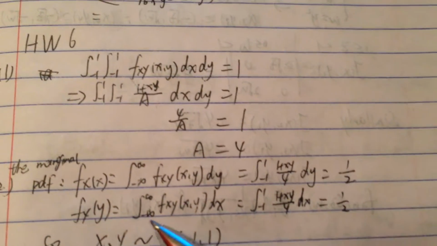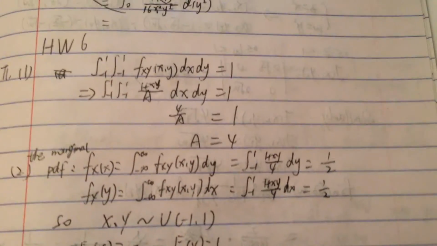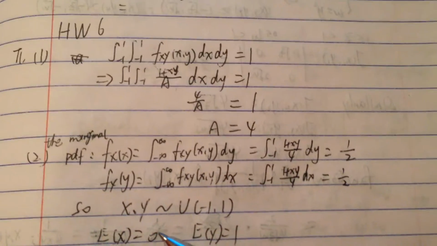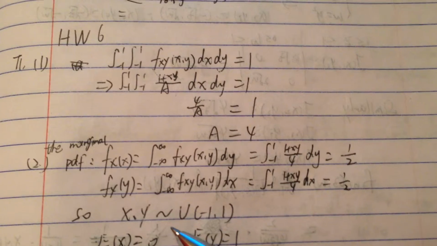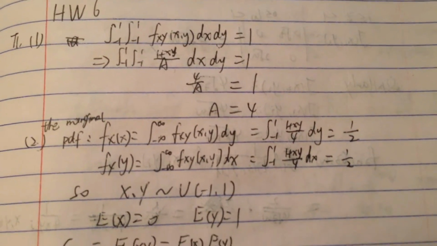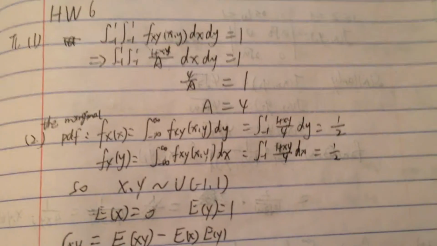Similarly, f sub Y of y also equals 1/2. So we know random variables X and Y both have uniform distributions. So the expected value of X and Y equals 0.